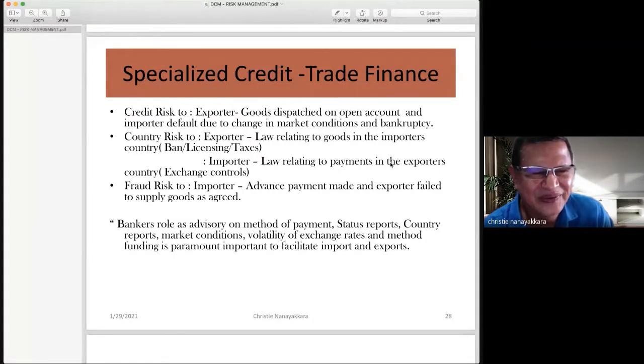To pay now, if this country has a foreign exchange problem, the bank will say no, we cannot grant you foreign exchange to clear this import. What will happen? This will lie in the harbor for quite some time. Then also the customer will have to pay demurrage. All that risk will be there, and we sometimes call this a country risk.